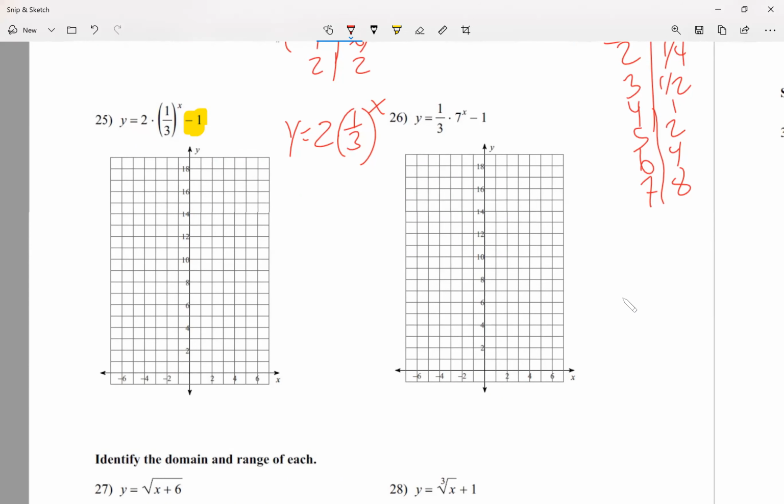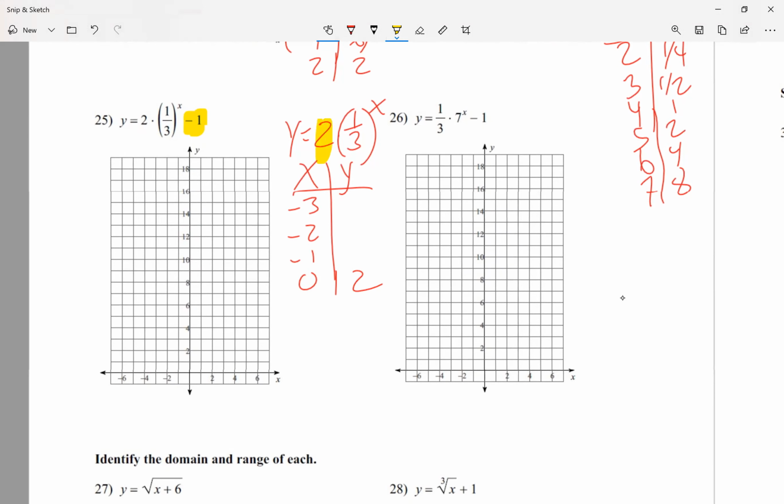So let me come up with initial x and y values. Because my function is going down, I'm going to start my zero somewhere over here. And I'm going backwards. So for my x values, let me think -1, -2, -3. My initial number, when x is equal to 0, y is equal to 2.